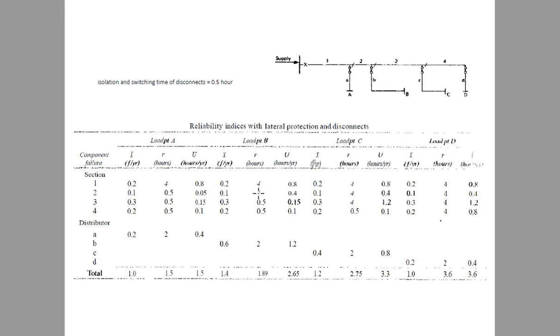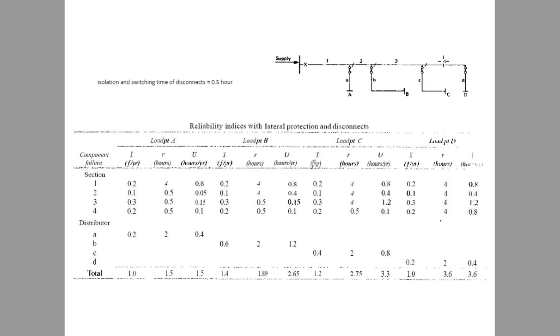That's why I have written here 4 hours. But when fault occurs at line section 3, this disconnect will operate and remove all the faulty section, so the supply can be maintained for load point B through line section 1 and 2, because the current will flow like this, means power will flow like this.